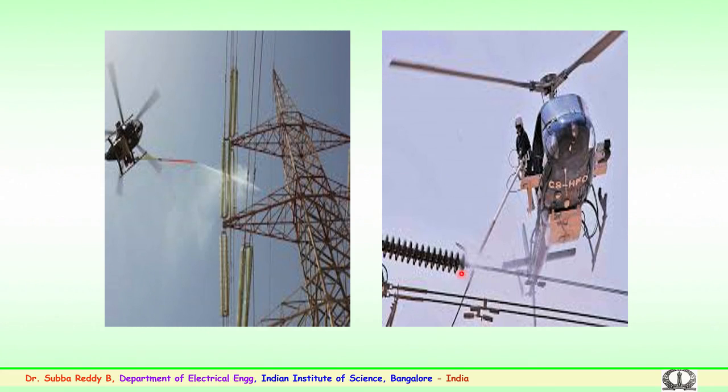This is one more arrangement where the second person from the helicopter, apart from the pilot, is using the water jet for cleaning the insulator. So, several arrangements are being used for the cleaning of insulators.